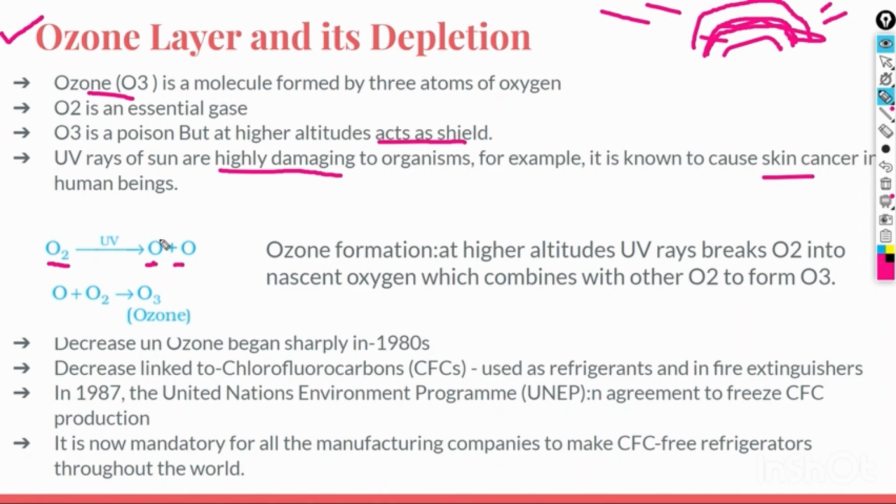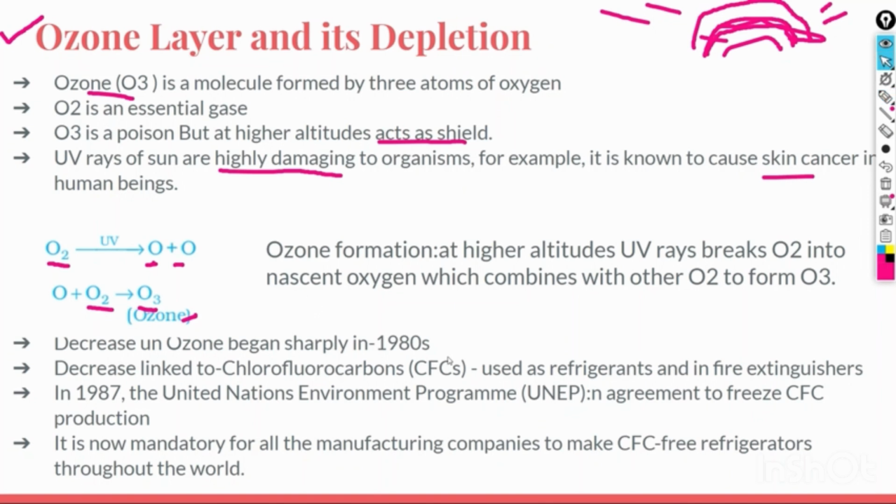Now one free atom of oxygen fuses with another oxygen molecule which is available in the atmosphere and forms an O3 or an ozone molecule. So this is how ozone is formed. The UV rays break our normal oxygen into nascent oxygen, and the nascent oxygen fuses with the oxygen molecules and forms ozone.